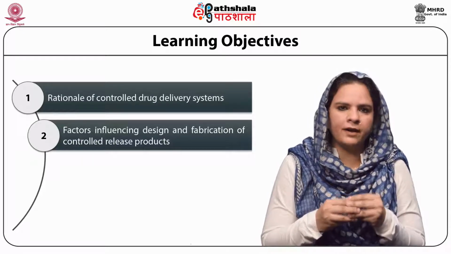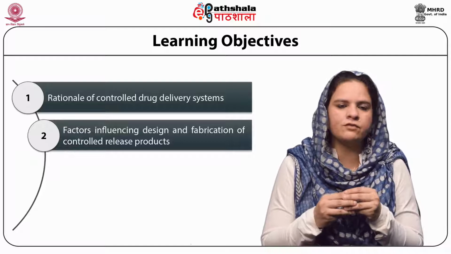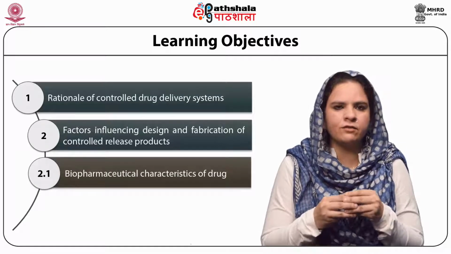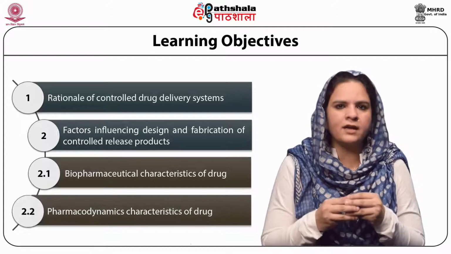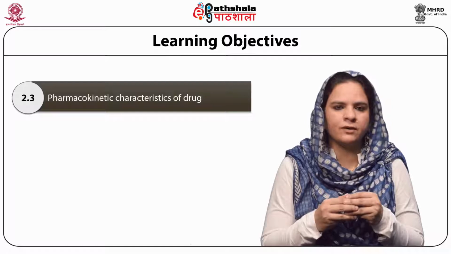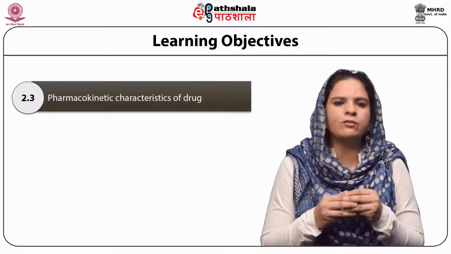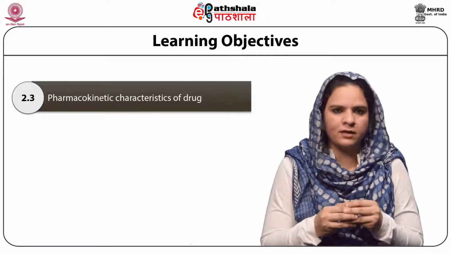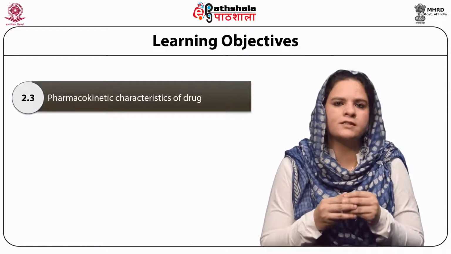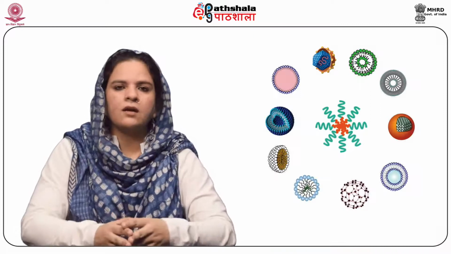If we talk of the factors, the primary things which we will focus on would be the biopharmaceutical characteristics of the drug, pharmacodynamic characteristics of the drug, and pharmacokinetic characteristics of the drug. These primarily would be the three important parameters based on which the various controlled release products can be formulated.